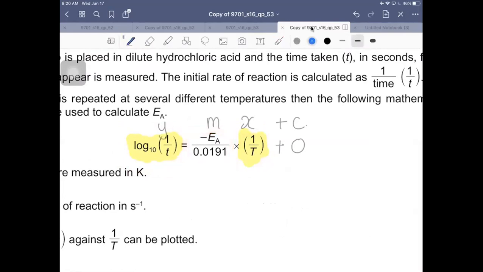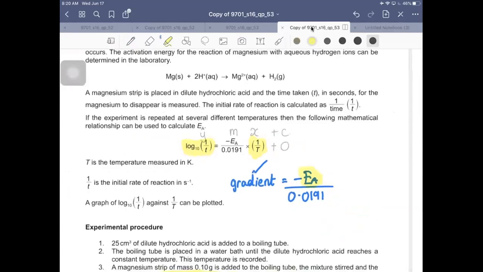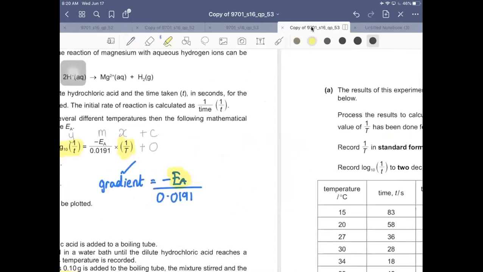Once you find the gradient, you can equate gradient equals negative EA over 0.0191. So you know the gradient, then you can find EA. You just have to play with the numbers.